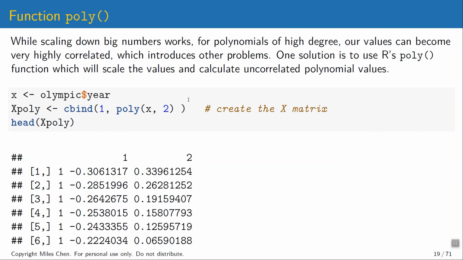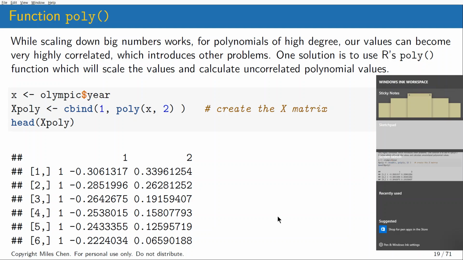And so what poly does, I don't know if I can just kind of draw this, is it kind of shifts things. Let's say x looks like this, right? And if I did x squared, it would look like this, and x to the third would look like this, and x to the fourth would look like this, right?